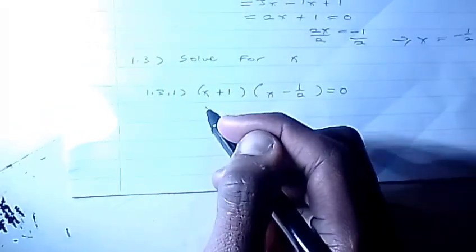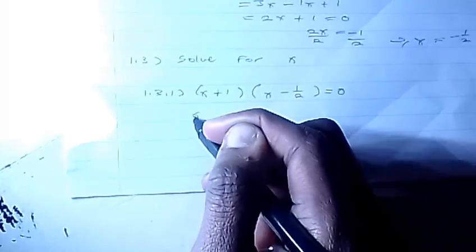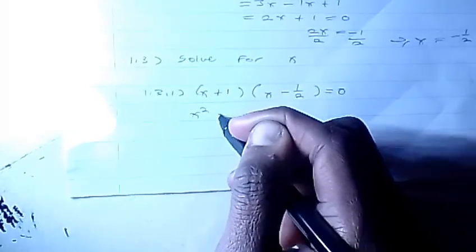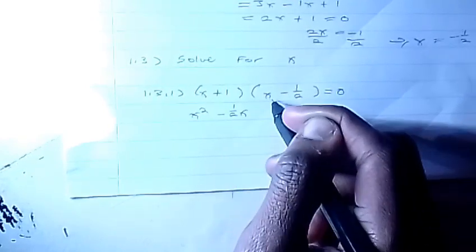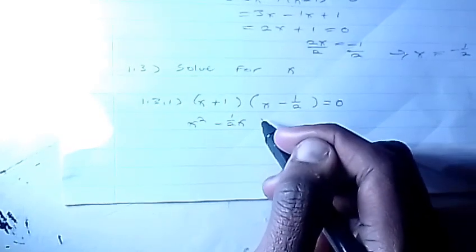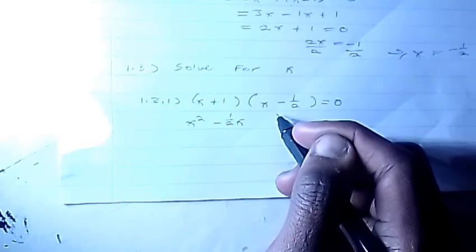Our next question asks us to solve for x. Here we have an equation of x plus 1 bracketed, x brackets x minus a half. We are going to start by foiling. So it's going to be x squared, minus a half x. X times x is x squared, x times negative a half is negative a half x.